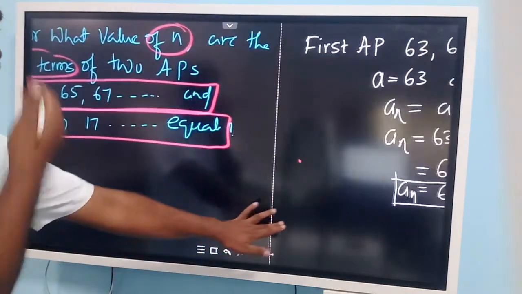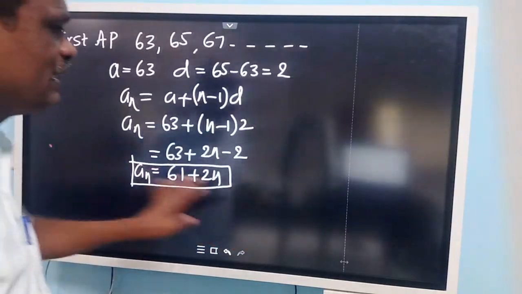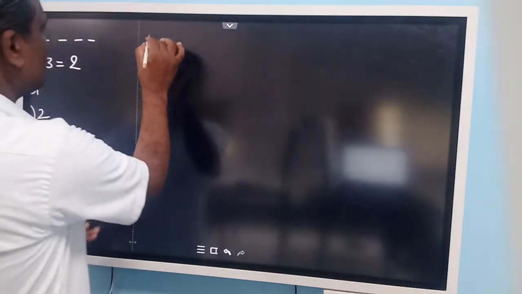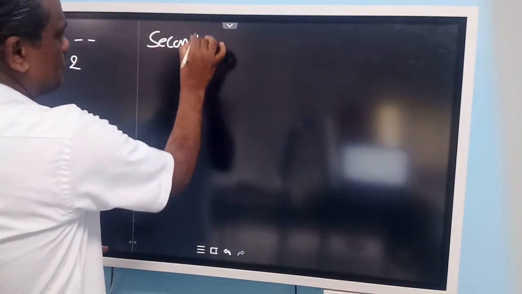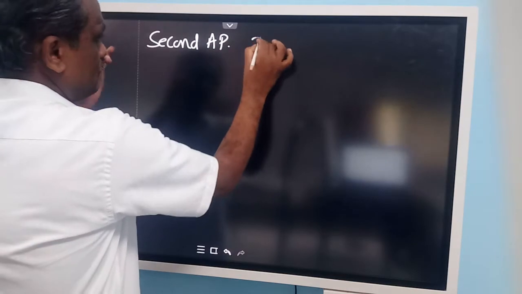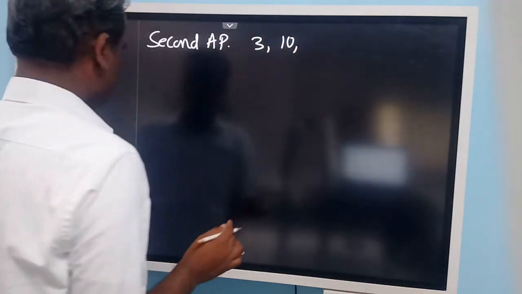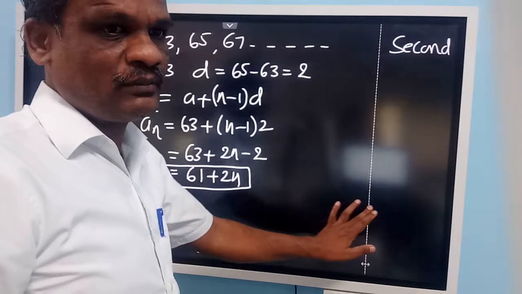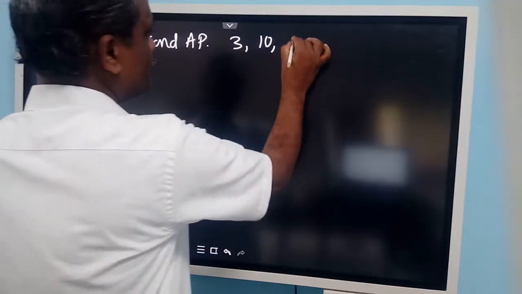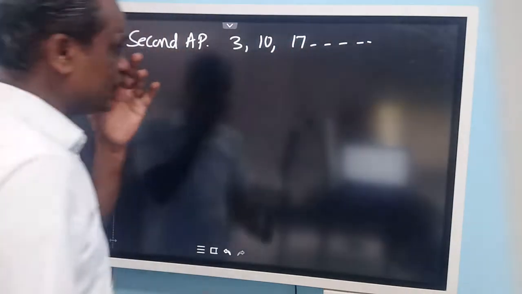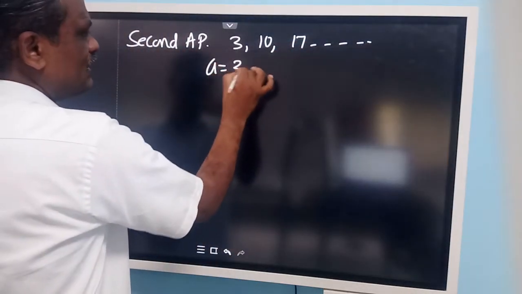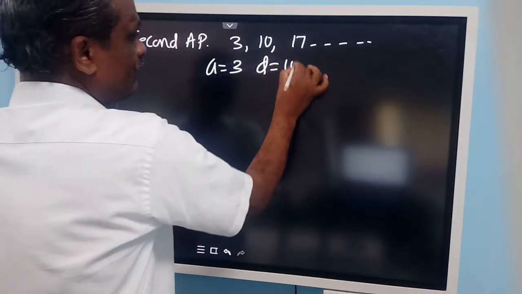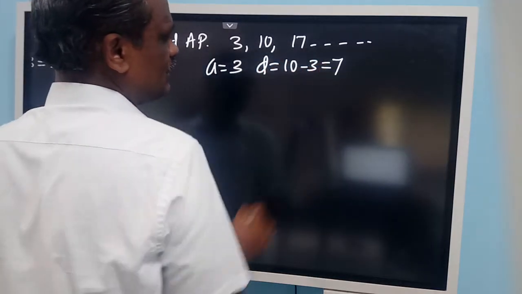Let us take the second AP, that is 3, 10, 17, and so on. This is the second AP. First term A here is 3, common difference is 10 minus 3, it is 7.